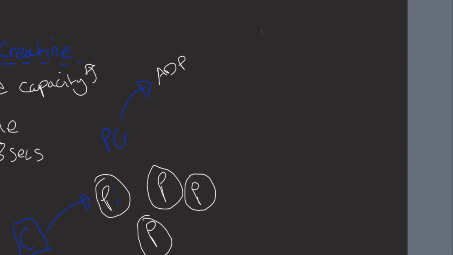So we have adenosine and two phosphates, the high energy bonds between the phosphates, and we have phosphocreatine over here.